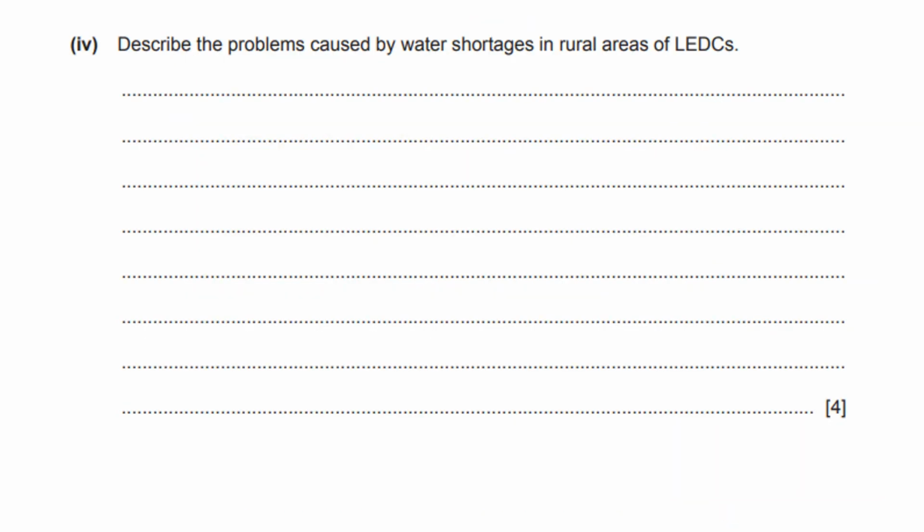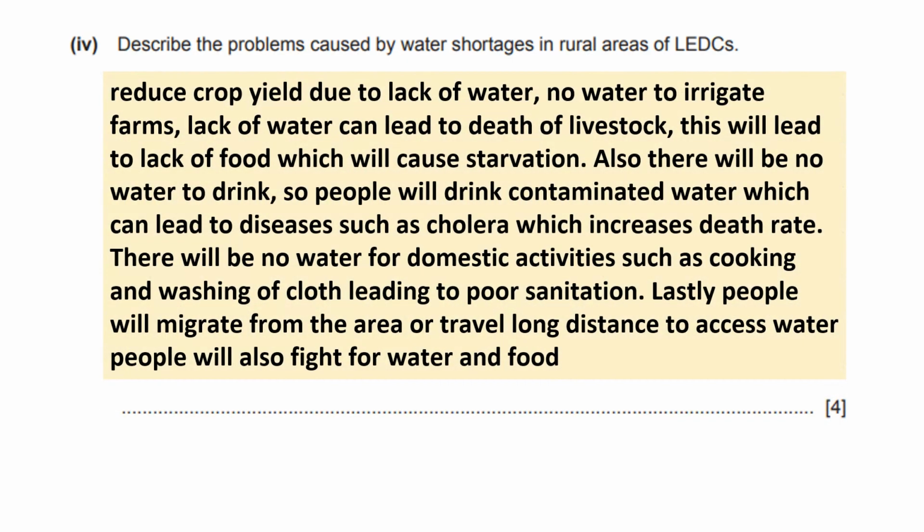Now, they say describe the problems caused by water shortage in rural areas in LEDCs. So obviously, if there is water shortage, it will reduce crop yield due to lack of water. There will be no water to irrigate farms, and lack of water can also lead to death of livestock, which will lead to lack of food, and lack of food can actually cause starvation.